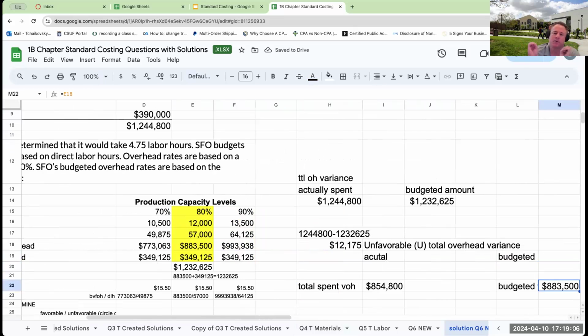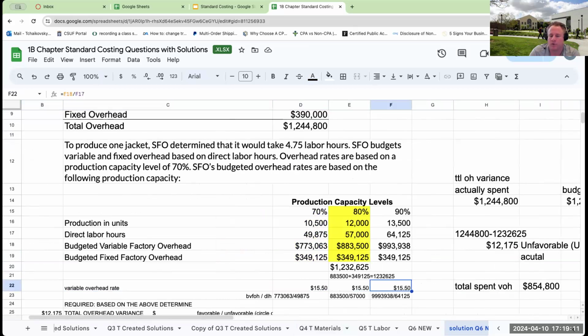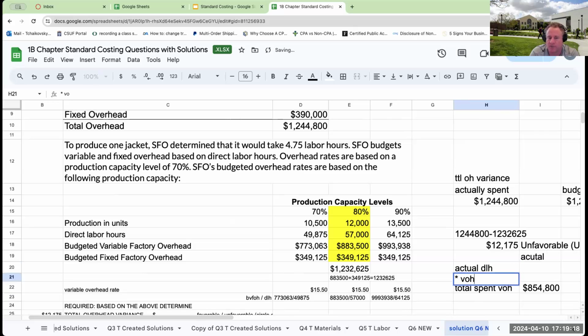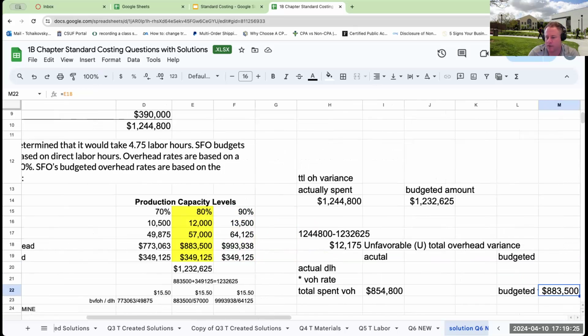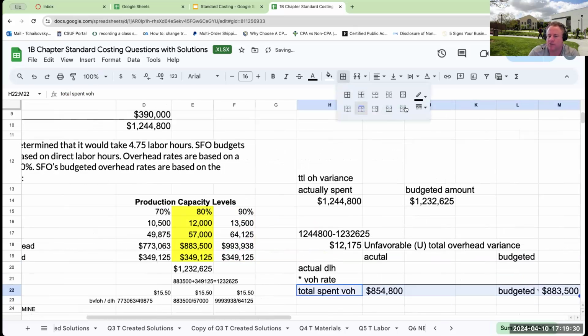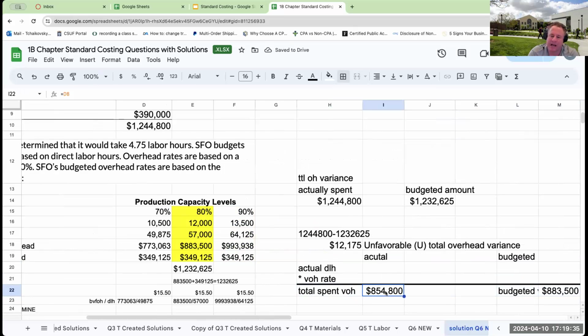But remember, similar to what we were doing with direct labor, I need to say my actual direct labor hours times the variable overhead rate is going to give me the total amount I spent on my variable overhead. Why am I doing this?